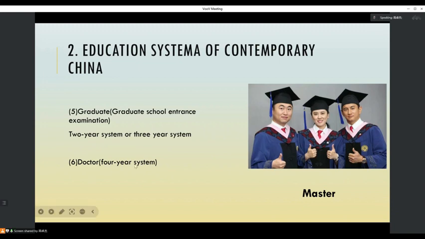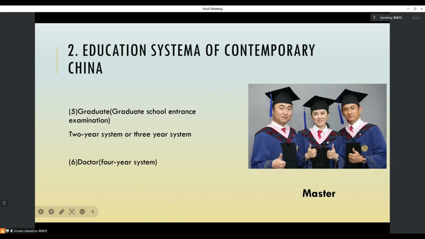Doctor, a PhD, 4-year system or more, because I know a man, he got the PhD almost about 7 years. If you didn't graduate from the PhD for more than 7 years, the chance will be declined. It is very difficult.